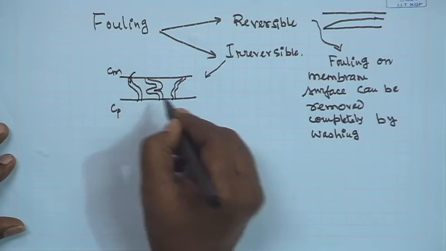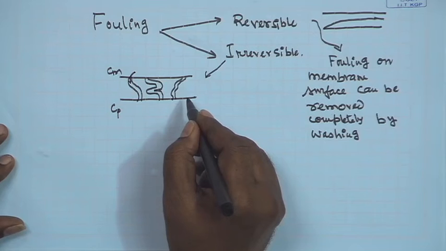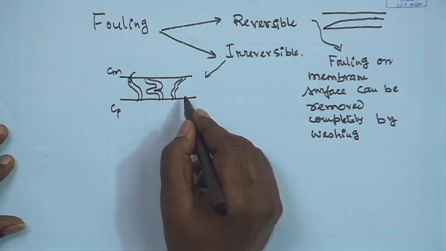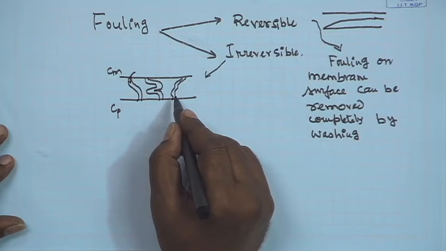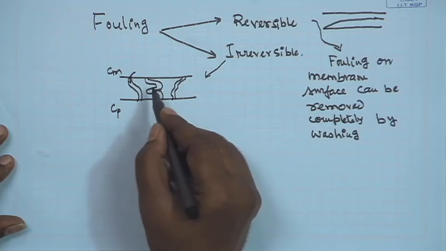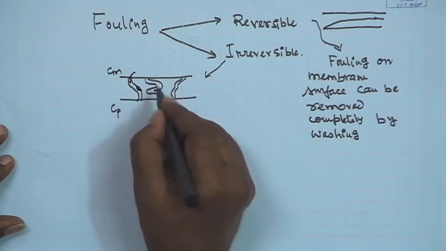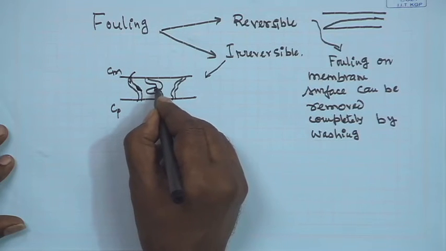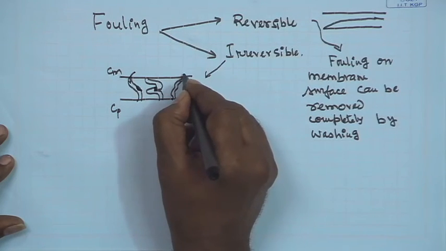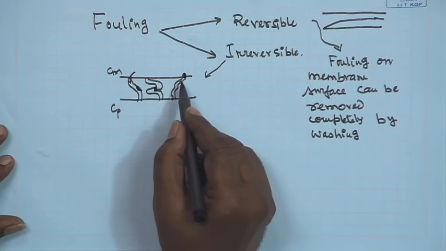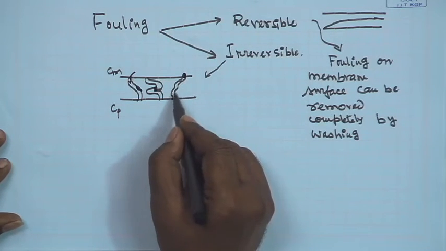Since there will be a distribution of the pore size, there will always be some pores on the membrane surface which are larger than the size of the solute, and the solutes will traverse the membrane, blocking the membrane pores partially or completely, or they may be adsorbed on the pore mouth of the membrane surface, blocking that particular pore.